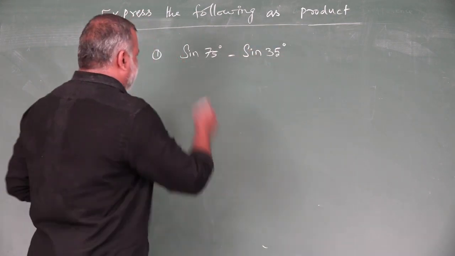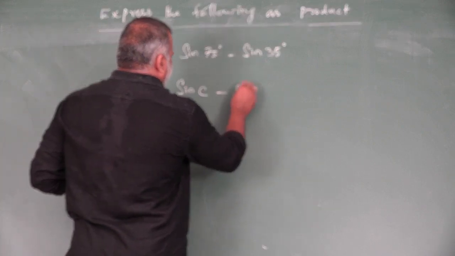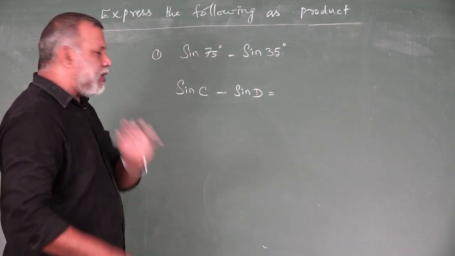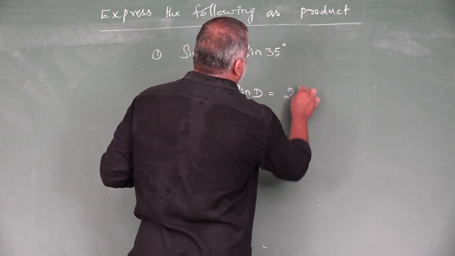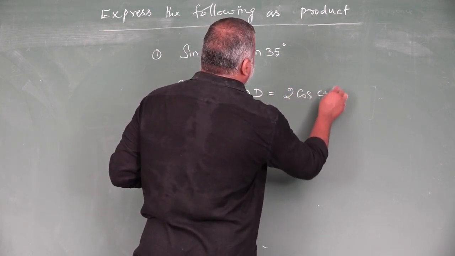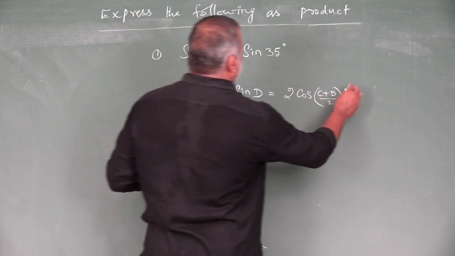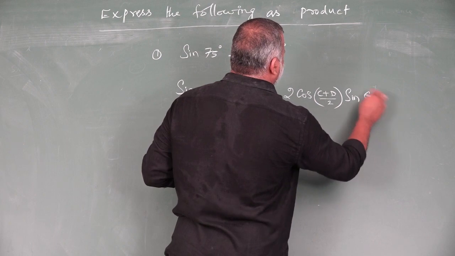See this model, we are having a formula like this: sin C minus sin D. We already worked out all these formulas. Sin C minus sin D is equal to 2 cos of C plus D by 2 into sin of C minus D by 2.